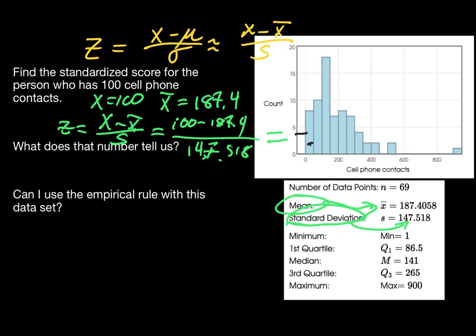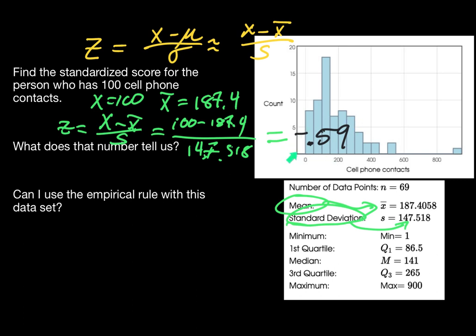Negative 0.59. Does it make sense that it's negative? My cell phone number was 100. My average was 187. I'm below average, which means my z-score is negative.